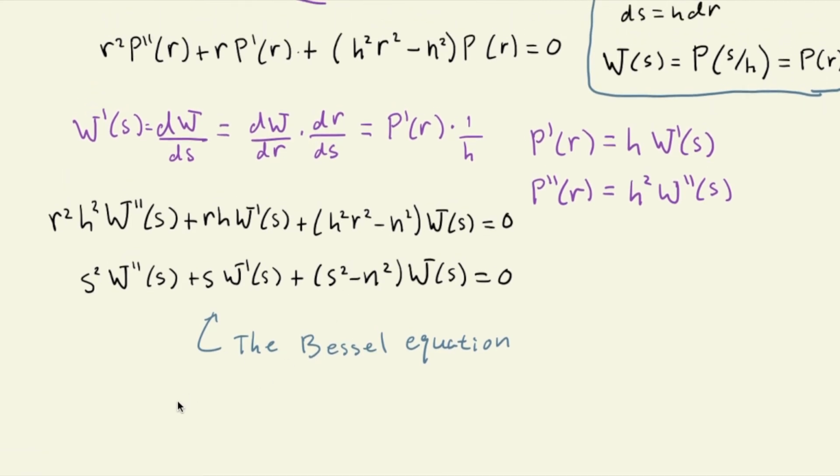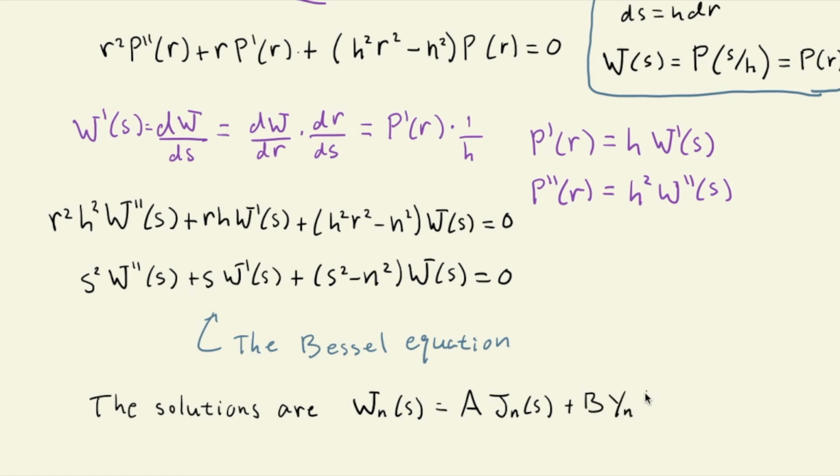The solutions look like, for each choice, so n is chosen here. The solutions are W_n(S), a constant times J_n of S plus another constant times Y_n of S. So these are just functions.